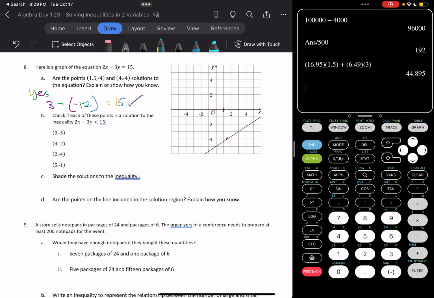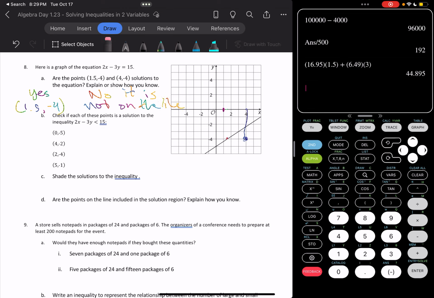Yes, that works out. So we see it is a solution on the line. So yes for 1.5 comma negative 4. And then 4 comma negative 4 would be here, and that is not on the line, so no, it is not a solution.